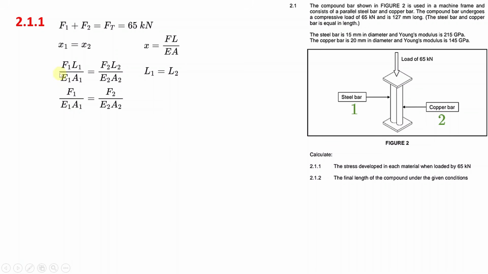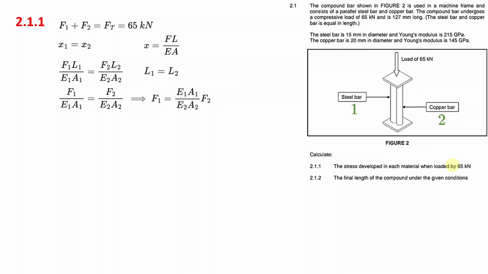Of course you can simplify it like this because L1 is equal to L2, so you can just cross that out. It will simplify because these two are equal. And then from there you can even find an expression for F1 in terms of F2. And then from here you can plug in the numbers because we're trying to find the stresses that are developed in each material, and for that you need to find the force that is acting on each material.